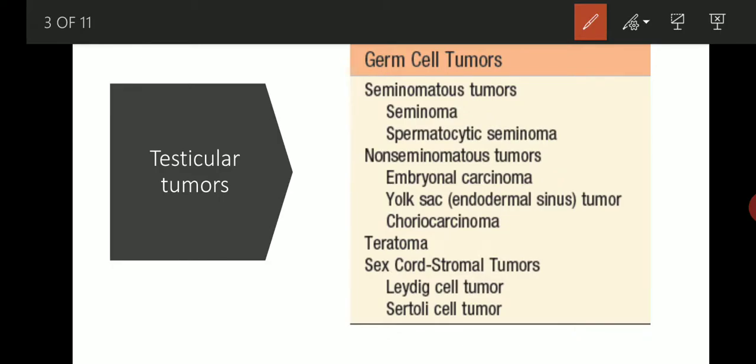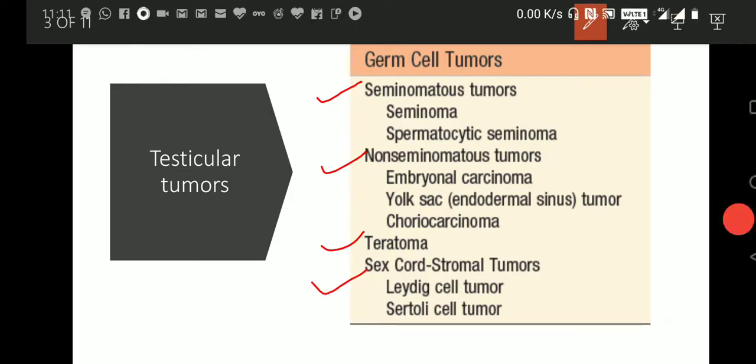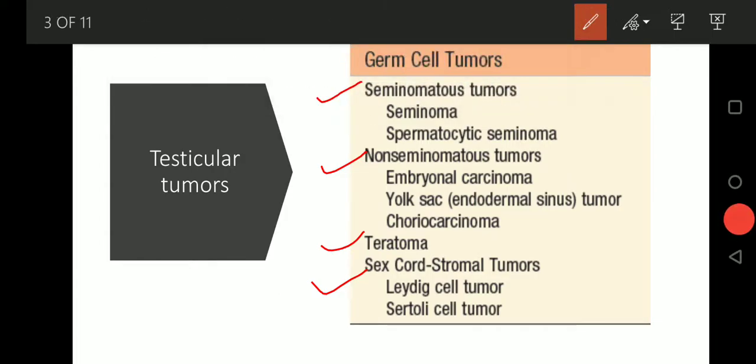The classification here represented tells you that the tumors can be classified as seminomatous tumors, non-seminomatous tumors, teratomas, and sex cord stromal tumors. The seminomas are further classified into seminomas, the typical or classical seminomas, and the spermatocytic seminomas.